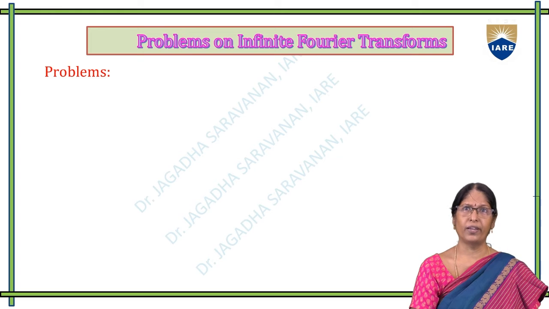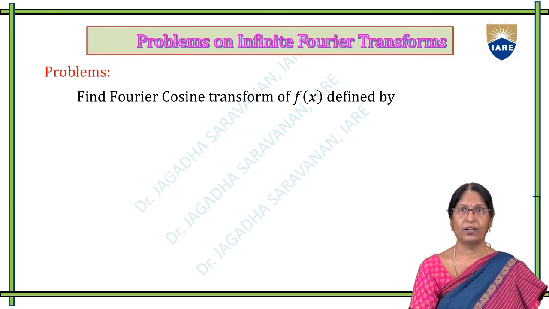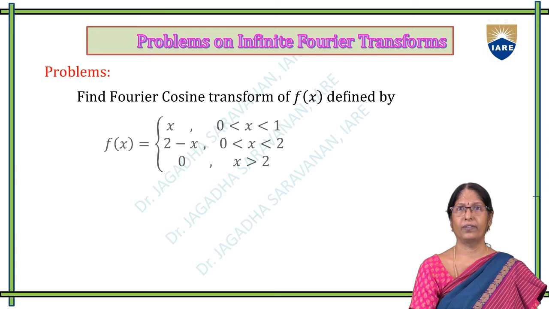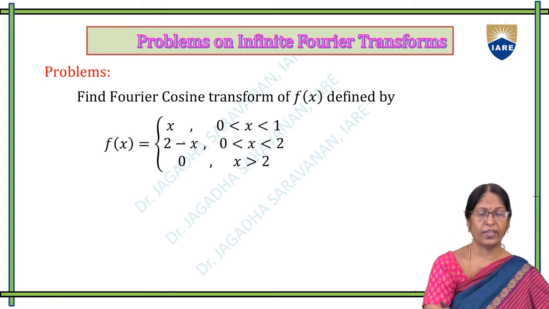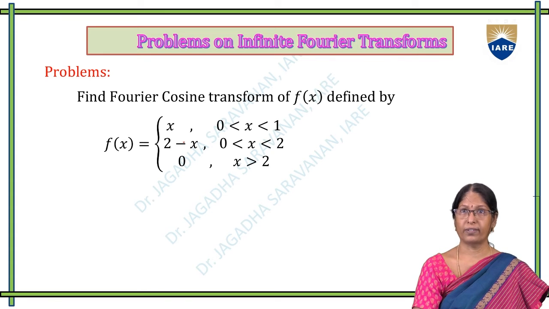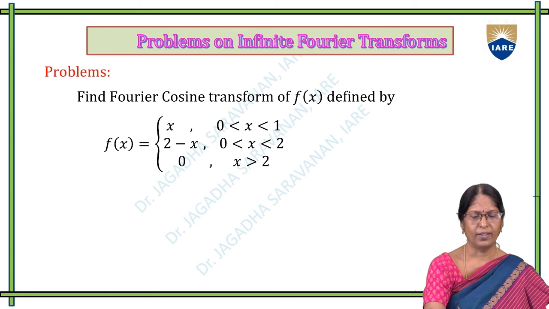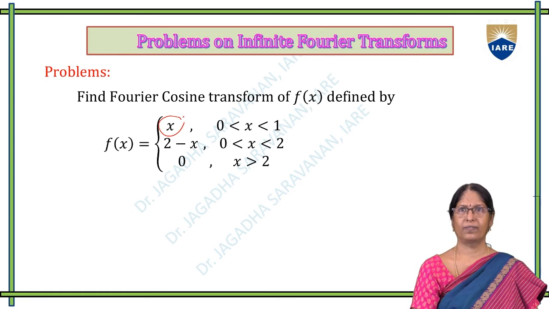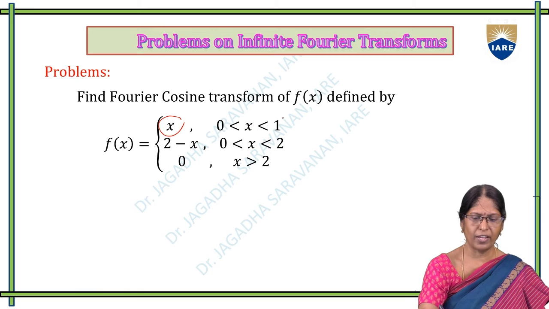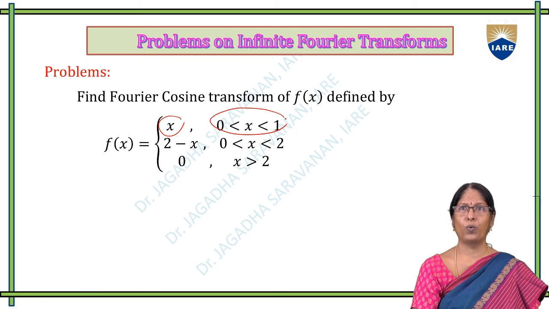The second one is to find the Fourier cosine transform of f of x, defined by f of x equal to x if x lies between 0 to 1.